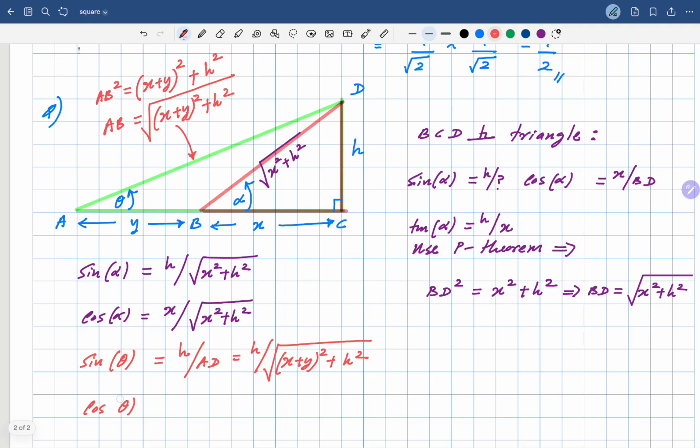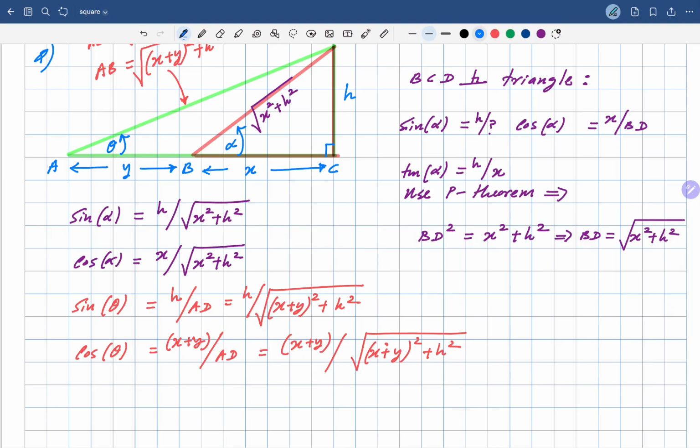Cos theta is x plus y, which is AC in this case, divided by AD, and that would again be divided by this term over here. So that's pretty straightforward now.